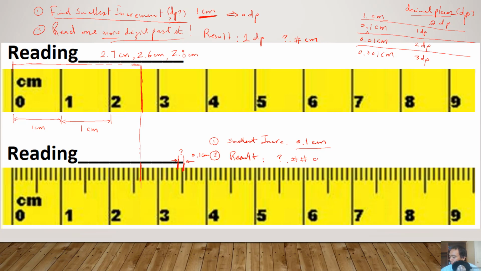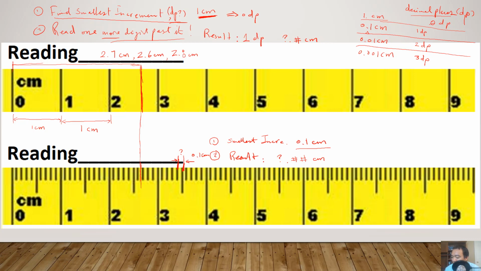Don't forget the unit. So if I give you ruler B, similarly, if you report a number like 2.5, 2.6 centimeter, I know for sure it's wrong, because for ruler B, you should always see 2 digits to the right side of the decimal point, or 2 decimal places.